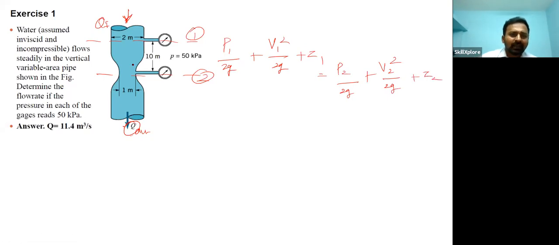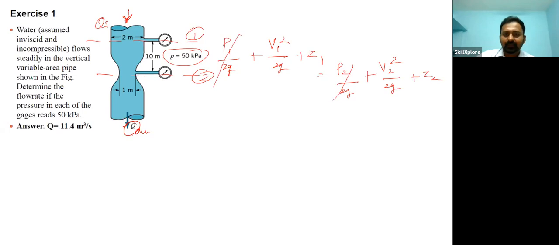Here, if the pressure in each of the gauges reaches 50 kilopascal, the pressure at the entry section and also at the exit is the same, which is 50 kilopascal. So the pressure P1 is equal to P2, so this will get cancelled, equal quantity.